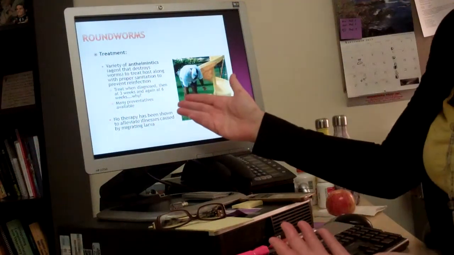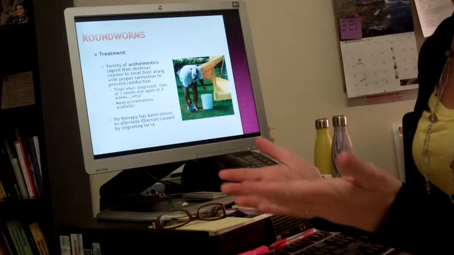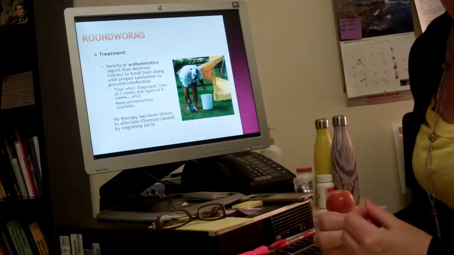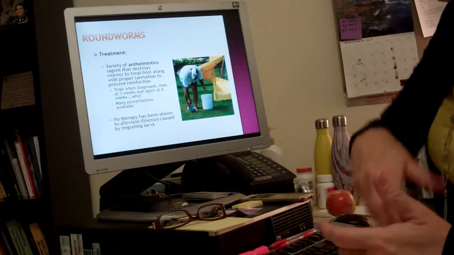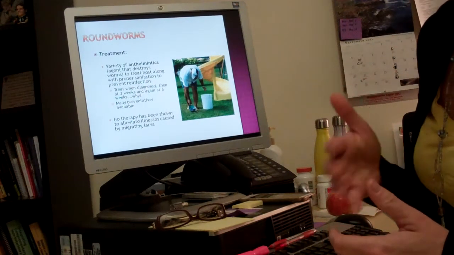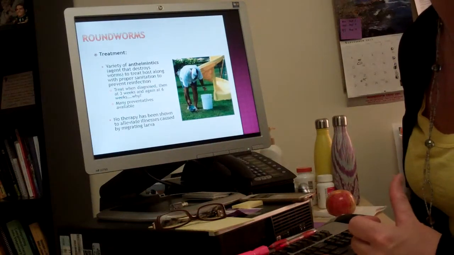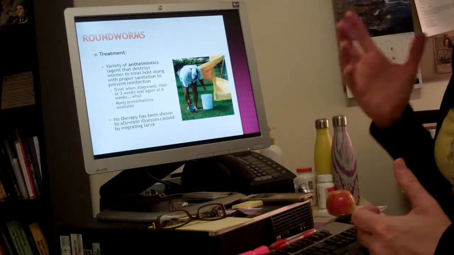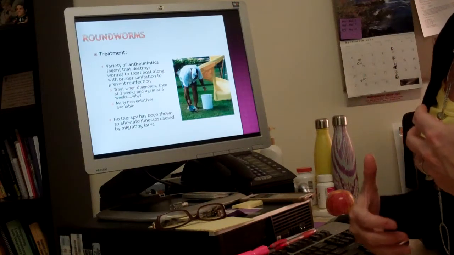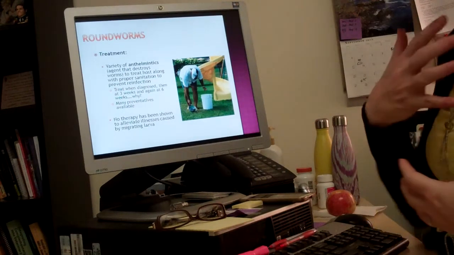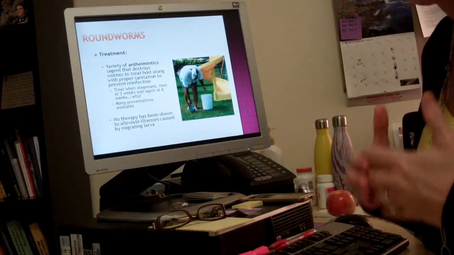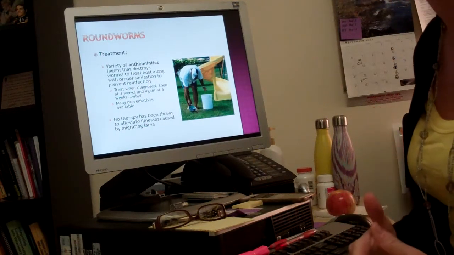Why do you think that is? Well, if you treated an animal today, it's going to kill any worms that are in their intestines. So again, remind those owners that you possibly could see those worms come out in the feces. What if there are larvae migrating somewhere through the body at that time that you treated them initially?